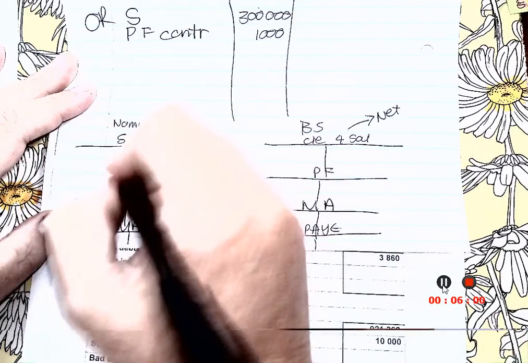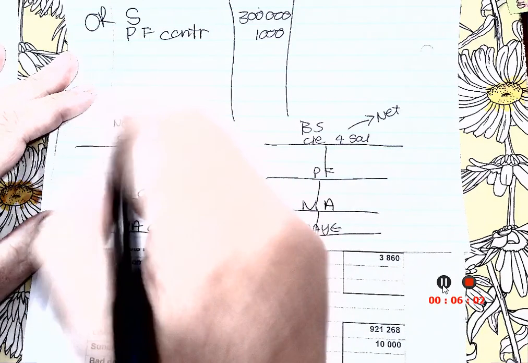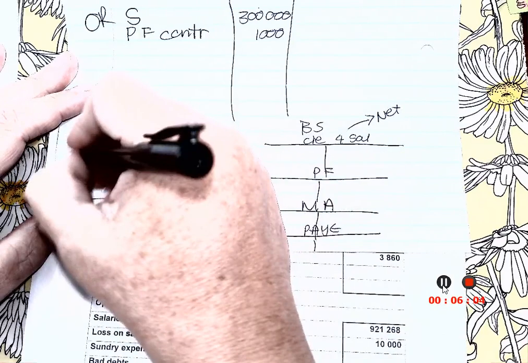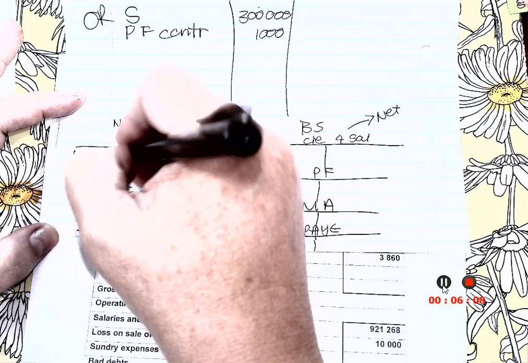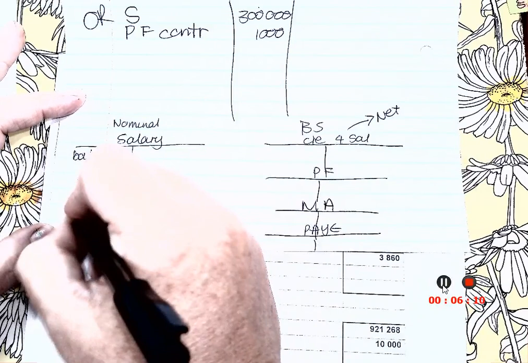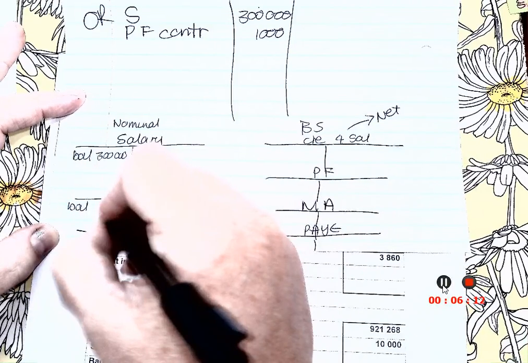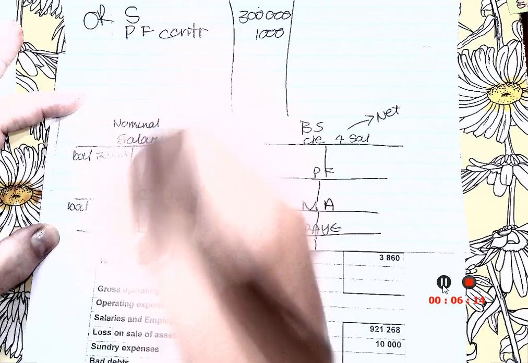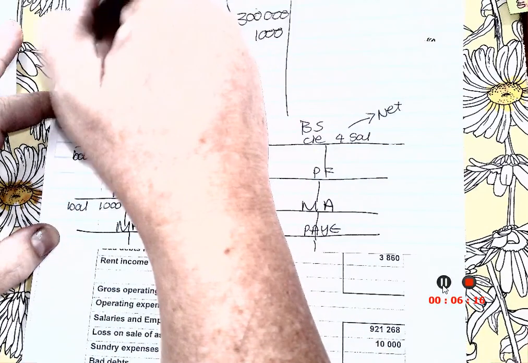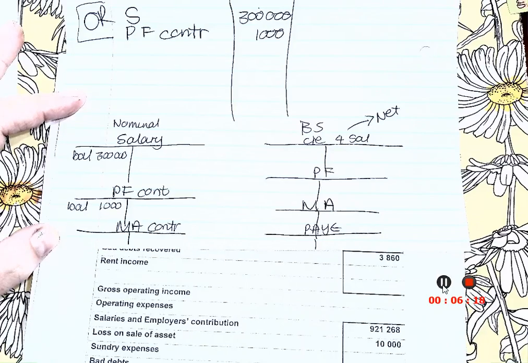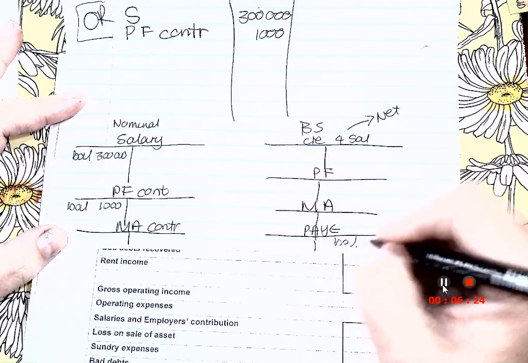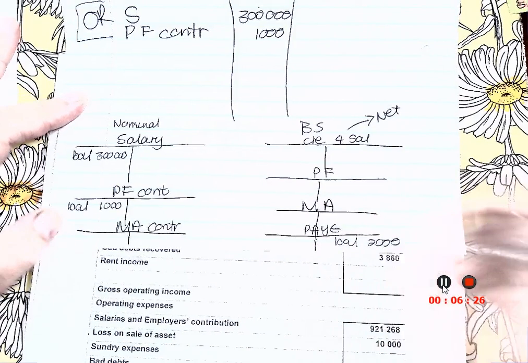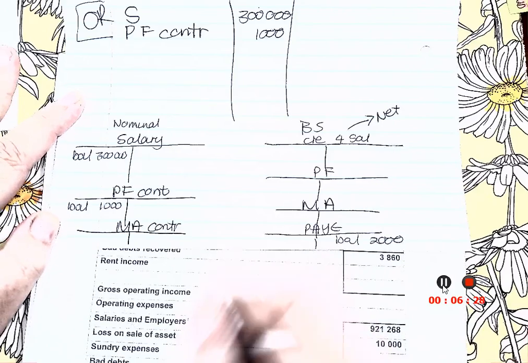My salary, let's do it separately. So my salary has got a balance of 300,000. My pension fund contribution has a balance of 1,000. So I'm doing this example. Okay. My balance sheet, I only have a balance for PAYE, 2,000. So if I look at this, I know these things have been recorded.